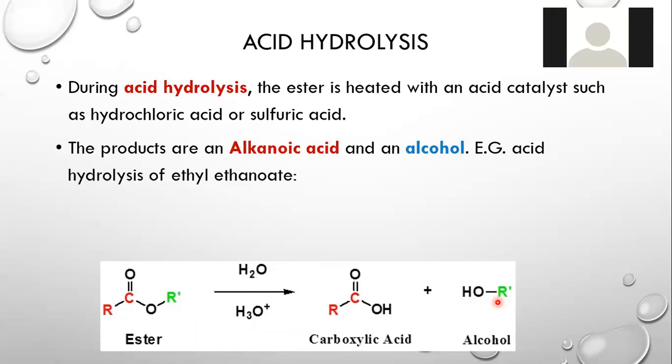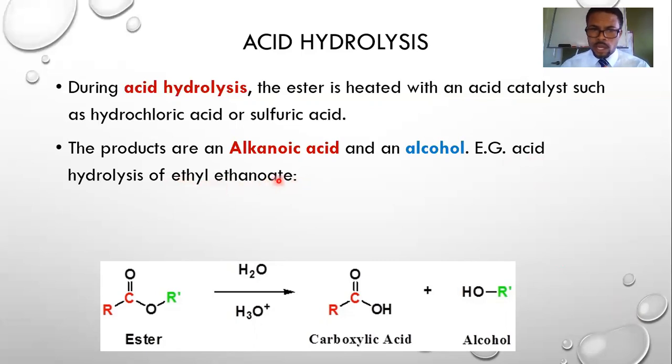The products will be an alkanoic acid and an alcohol, because by carrying through the hydrolysis, we can break apart the ester and get the alkanoic acid and the alcohol. For example, we have acid hydrolysis of ethyl ethanoate.